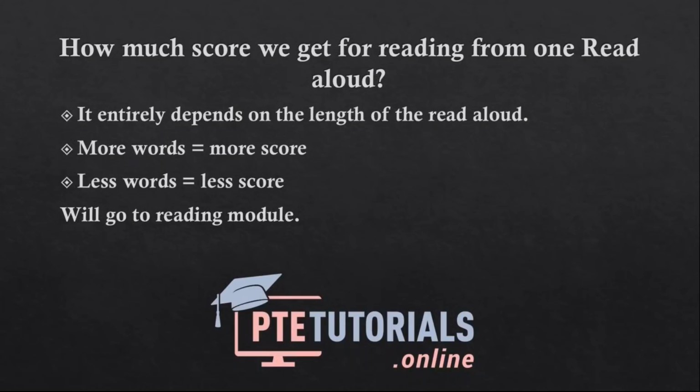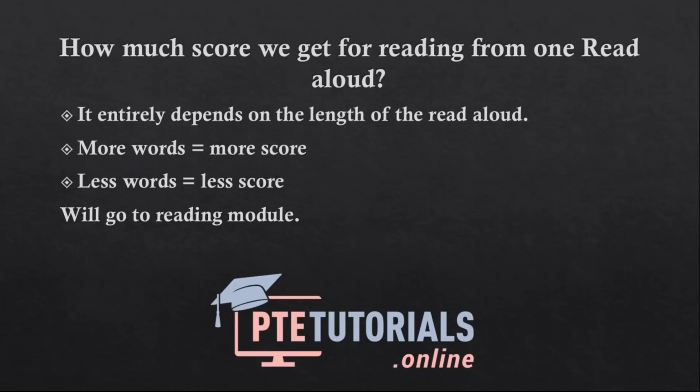He or she can easily get it. Number one, it depends on your luck that you have gotten easy retell, easy words, easy read aloud, easy describe images, etc. And the weight of those questions will be less as compared to the rest of the questions.